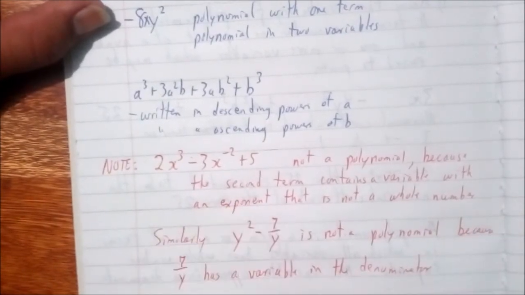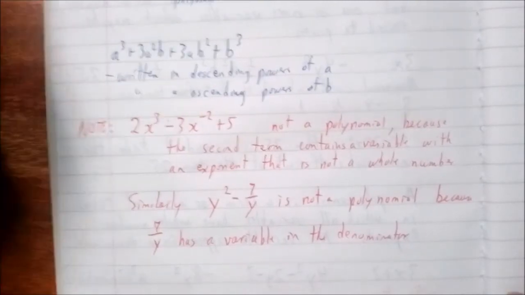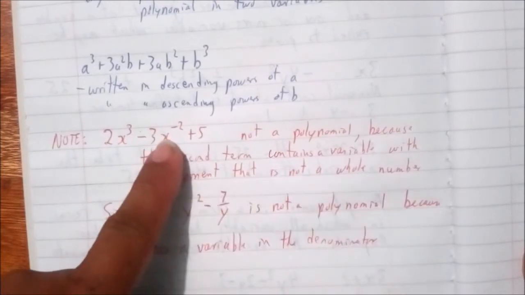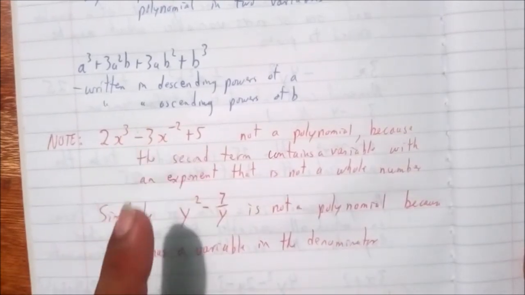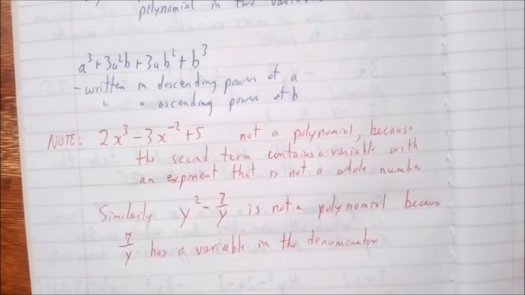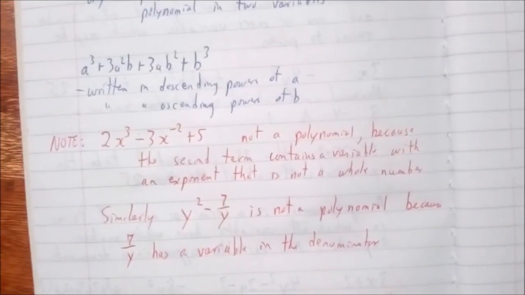So these are the cautions you need to take. Notice this one here, the second term contains a variable with an exponent that is not a whole number, negative. It is an integer, but not a whole number. This one here is not a polynomial because it has a variable as a denominator. So that cannot be a polynomial.